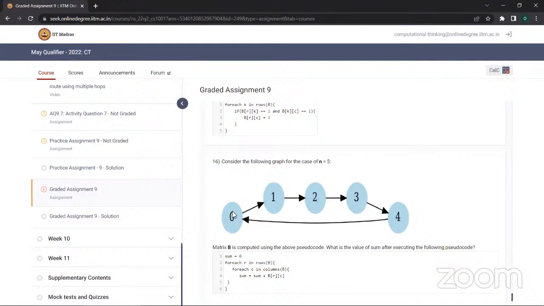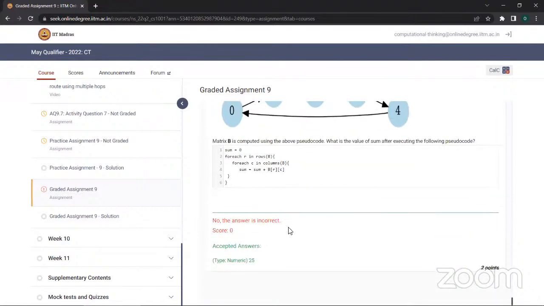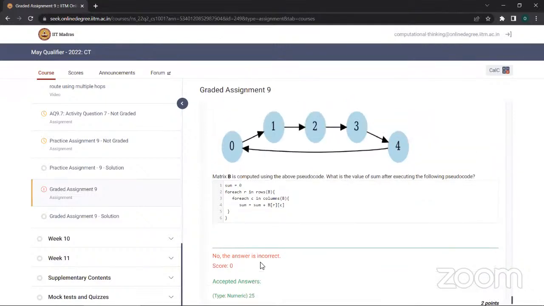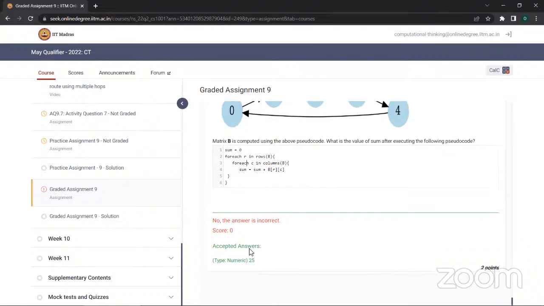So this is where we got it wrong also. I got this last answer incorrect because I was considering that there is 0 between 0 and 0. The value of this B matrix is 0. See, because you thought it at human level, you did not follow what pseudocode is doing. Pseudocode is not stopping at 4. It is taking that extra step, and because of that, 5 is getting added after 20.